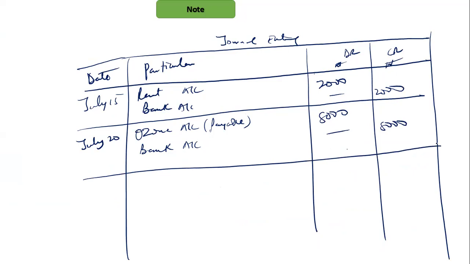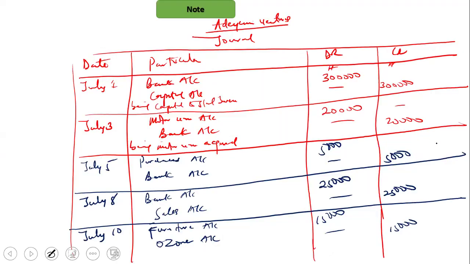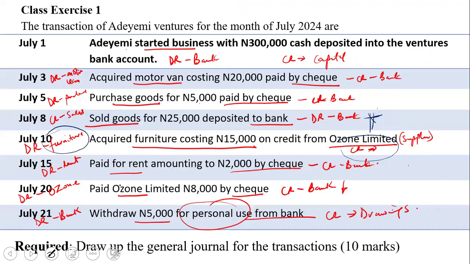Now let's go on with the next fundamental that we have. July 21. That is it. What are the two accounts involved? We have drawings and bank. So from here, we do 5,000 for personal use.